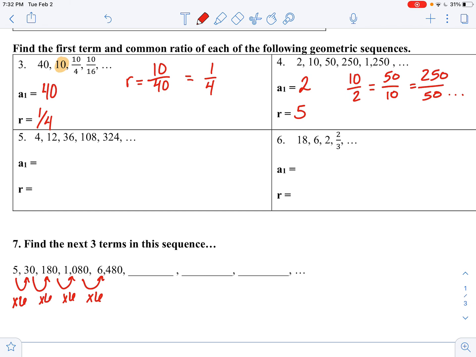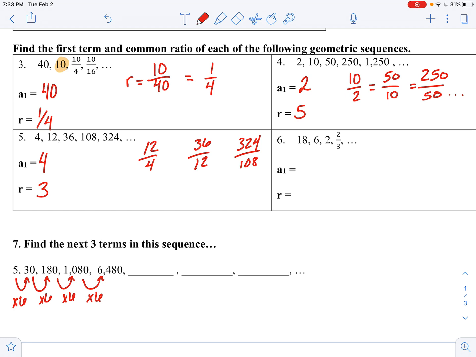All right, if you're unpaused at this point, you should have already completed these two problems, and you're just checking your work. So number 5, my first term is 4, and to find the common ratio, you could have done 12 divided by 4, or 36 divided by 12, or 324 divided by 108. As long as you divide by the number that immediately came before it, you'll get the common ratio. 12 divided by 4 is 3, so it looks like we're multiplying by 3.